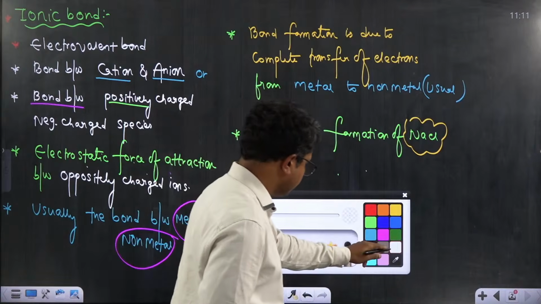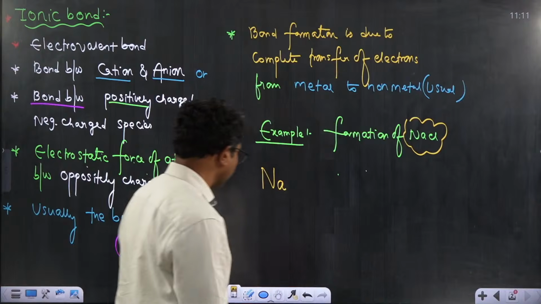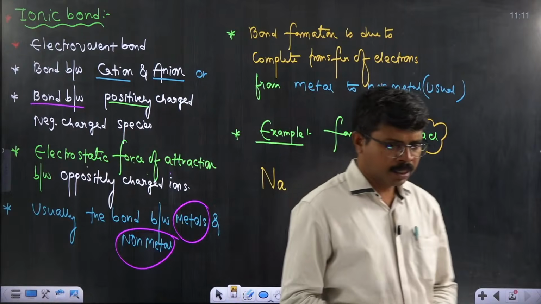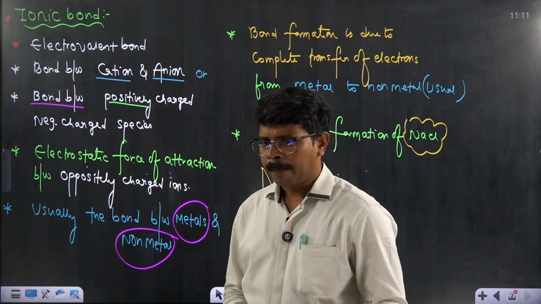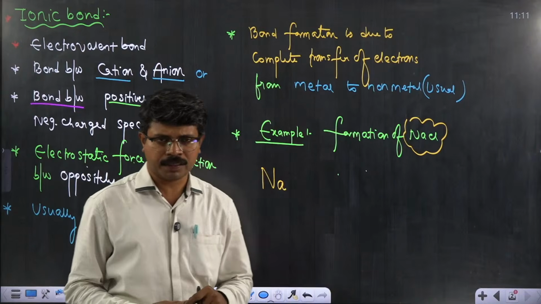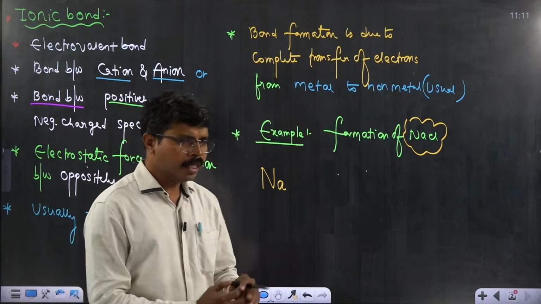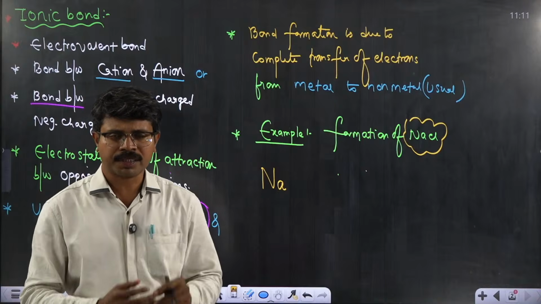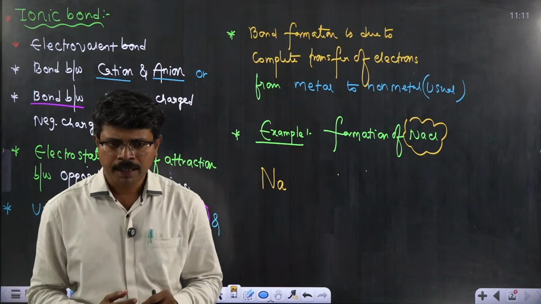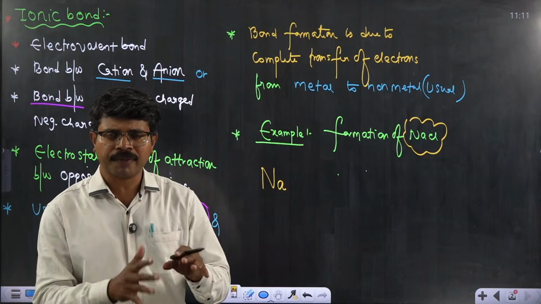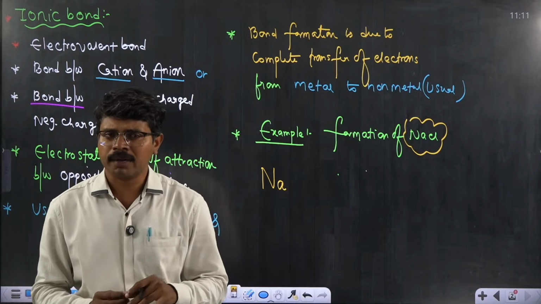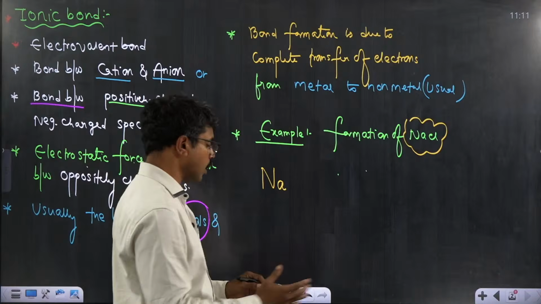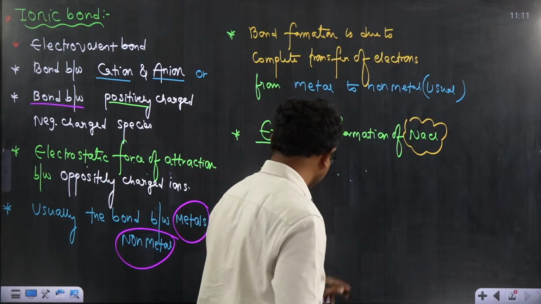A detailed explanation of NaCl formation is possible by giving some important definitions, because it relates to ionization energy and electron affinity. It's better, after knowing the definitions of ionization energy and electron affinity, to explain the formation of NaCl. So before that, let me explain in a brief way.